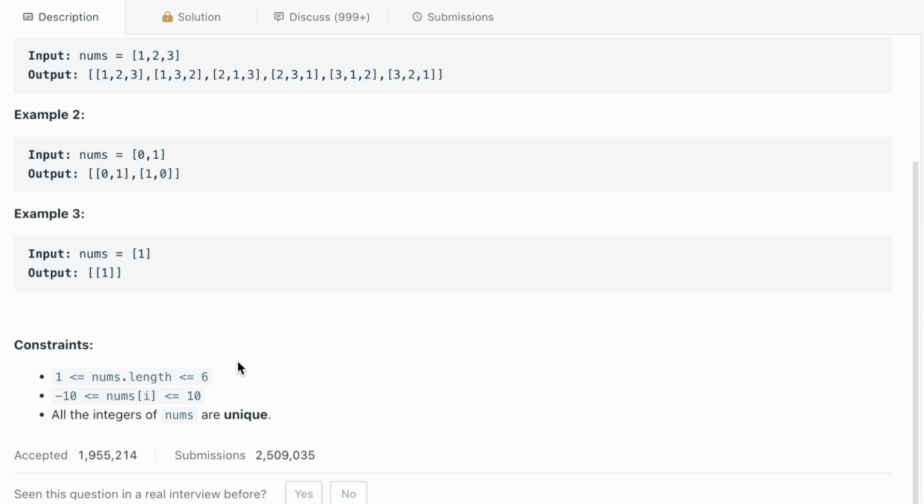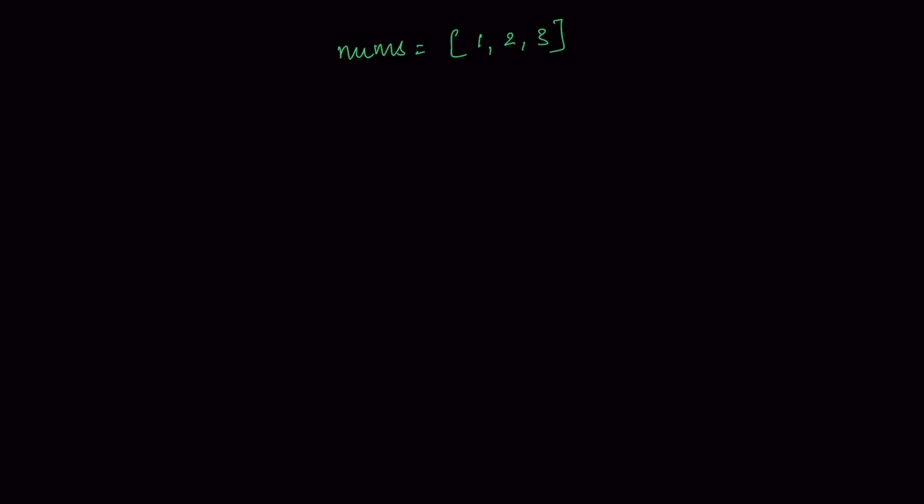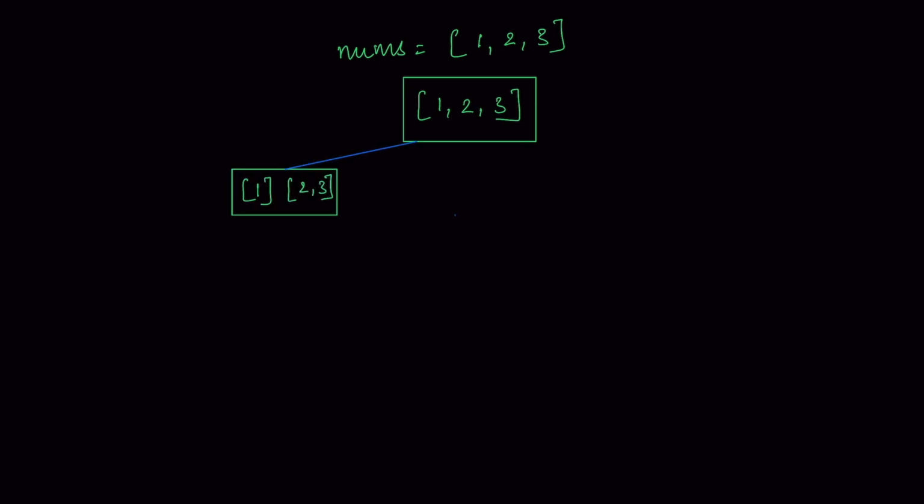Let's go into the explanation part of it. For the purpose of explanation, let's consider nums to be 1, 2, 3. With this, let's look at the recursion tree and how we are going to arrive at all the permutations. From this we will be getting 3 branches, out of which the first branch is going to be 1 and 2, 3.